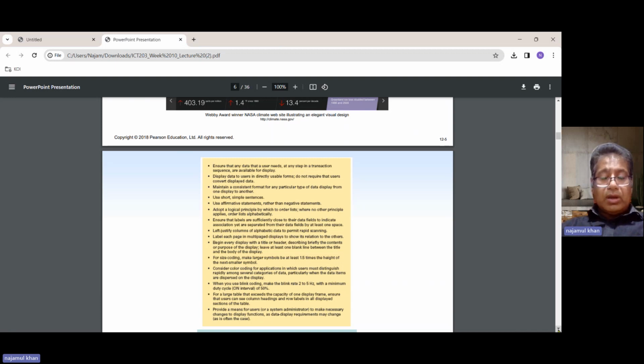I would want every student to go through here one by one. Ensure that any data that user needs at any step in a transaction sequence are available for display. So these are important features as well. Use affirmative statements rather than negative statements. So these are some of the qualities you have to use.